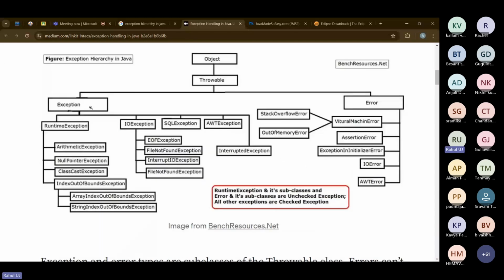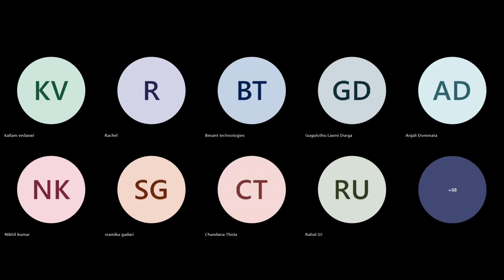Under exception, you have runtime exception. This is one kind of class, array index out of bounds exception. So that is one category of exception. Okay. Any doubt in today's class? How to handle the exception?